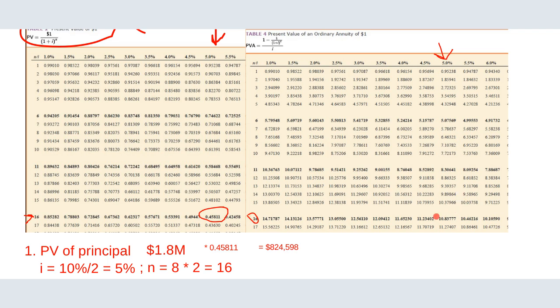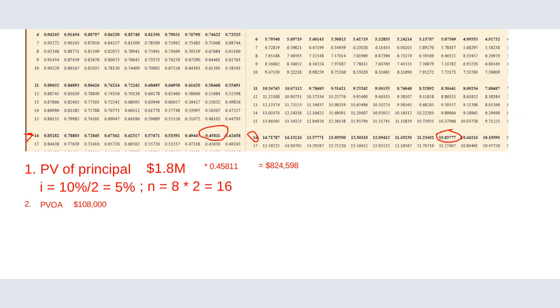So my factor is 10.83777. Now I have the present value of the ordinary annuity interest payments, and this will give me the issue price of the bond.